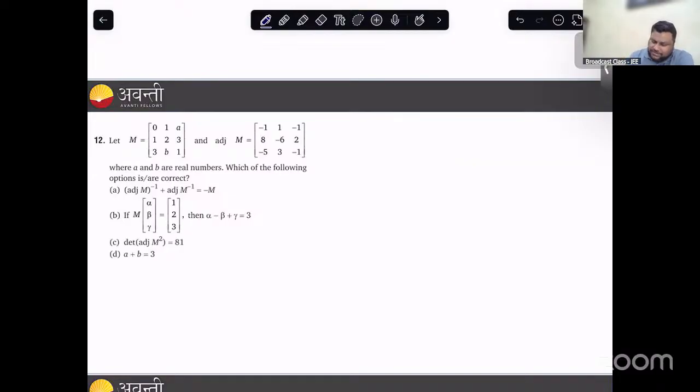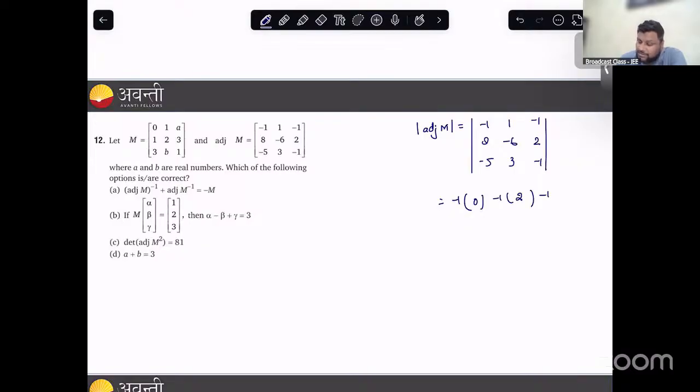See, M is given to you, adjoint of M is given to you. First of all, let's find the determinant of adjoint of M. It will be -1 times (6 minus 6) which is 0, -1 times (-8 plus 10) that is 2, -1 times (24 minus 30), -6.